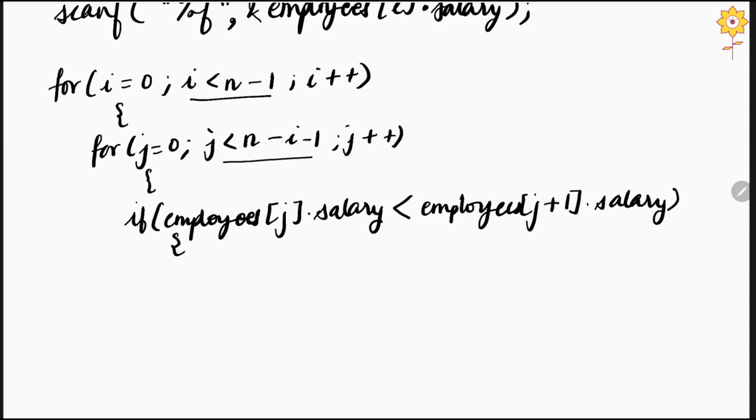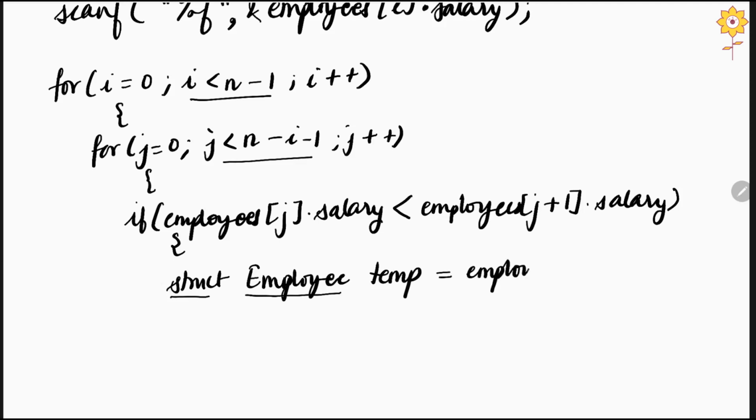So what we will do? We are creating an instance struct employee and then temporary variable. So you have to write struct, name of the structure and the instance that is required here, which is temp. It is equal to what? Employees, employee whichever is at the jth position, that is the 0th position.